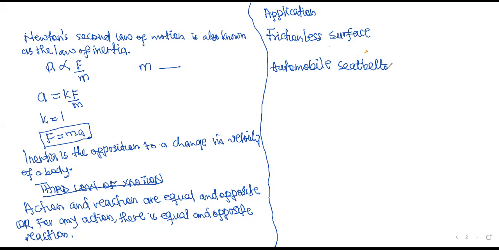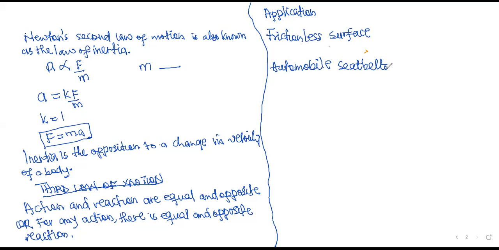But if you've been observant, you'll realize that while the car begins to move forward, you will be going back, clinging to your seat. Have you made that observation before? Yes, please. So the car will start moving and you will be leaning against your seat, going back.